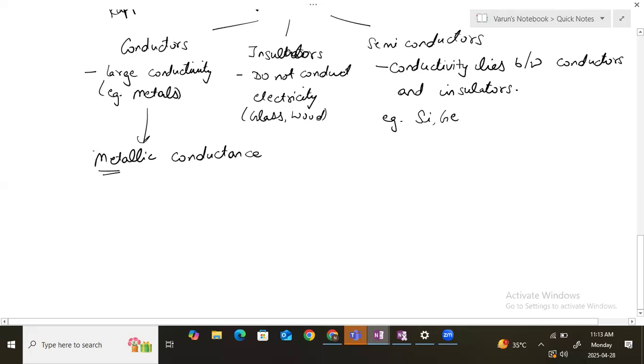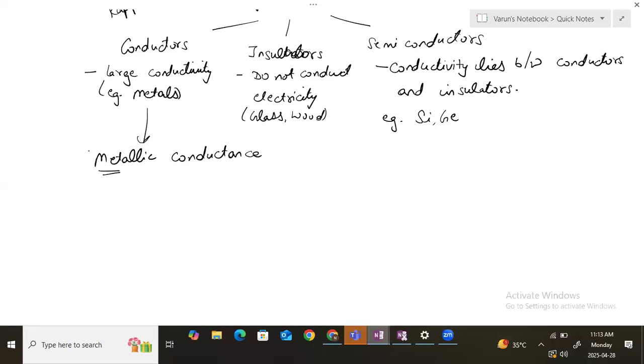D block. What about S? S and D, because D is the transition one. So we can find pure metals in S block elements. The S block is the first and second group.